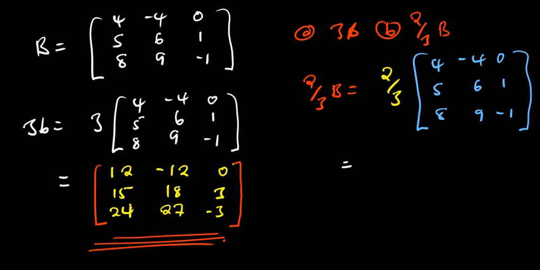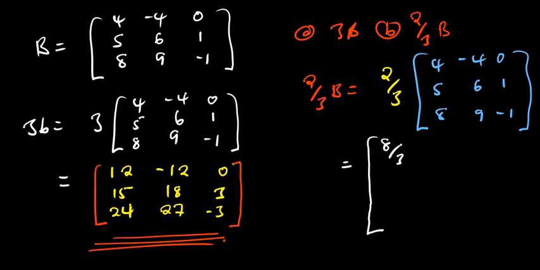I start multiplying one by one. It's 2 over 3 times 4, which is 2 times 4 is 8, so 8 divided by 3.